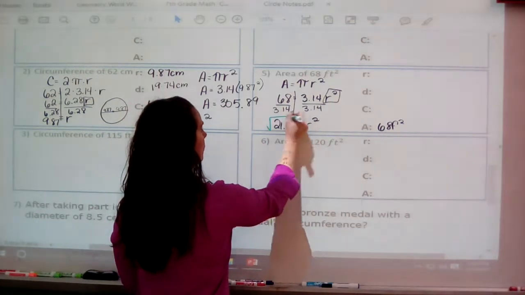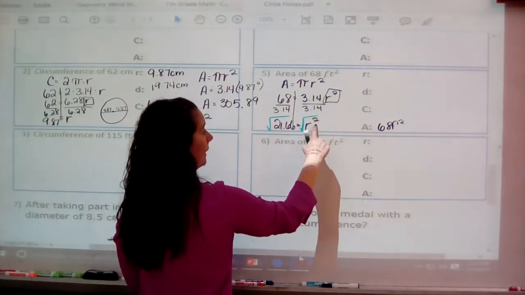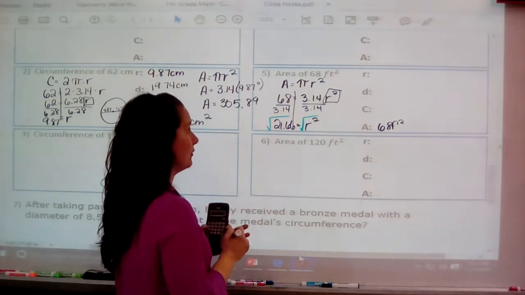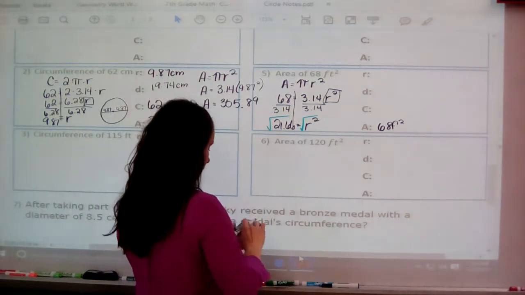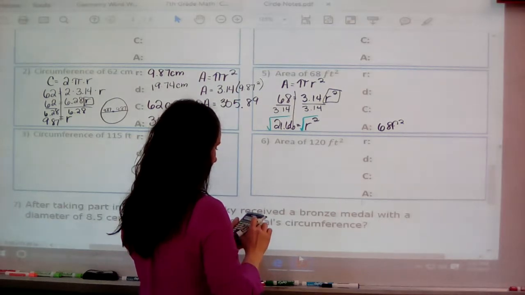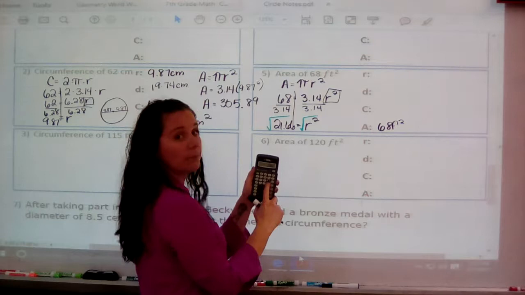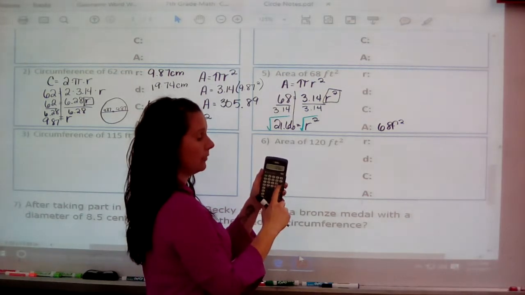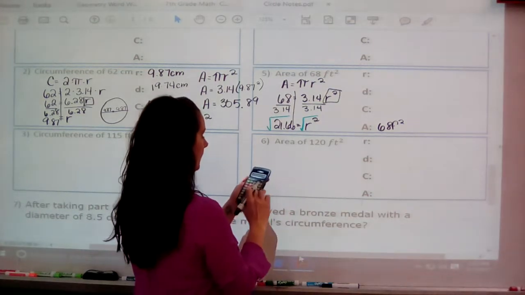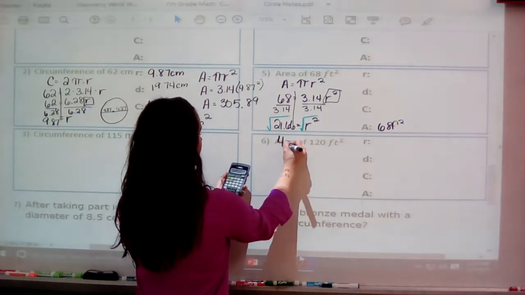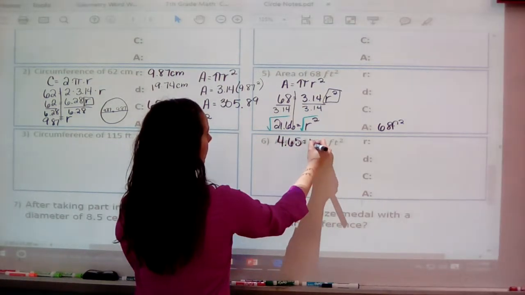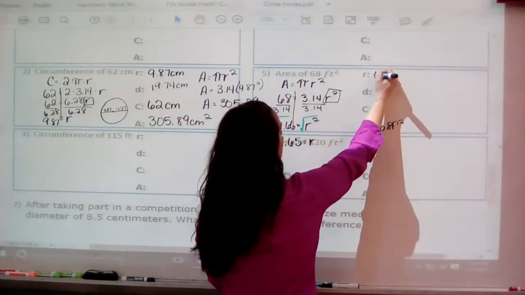In order to get this square off of my radius, I have to square root what my radius is equal to. So 21.66, and then I'm going to use the square root button. It's the button directly to the left of your divided by key to get 4.65 is what r equals.